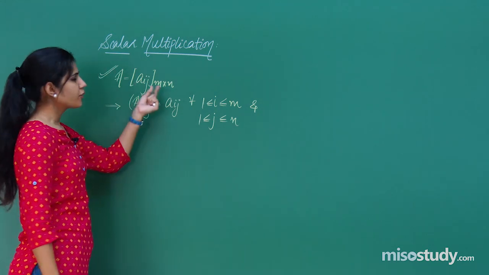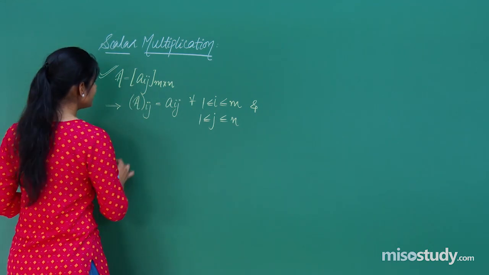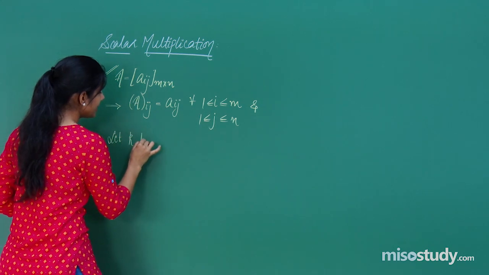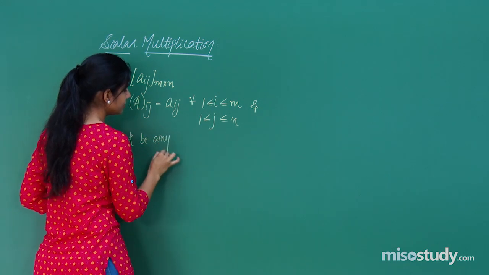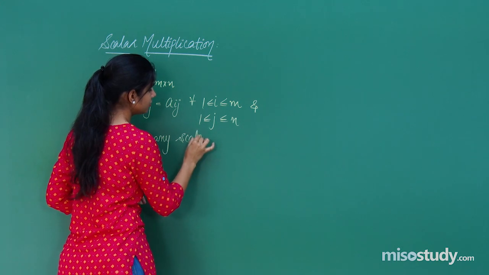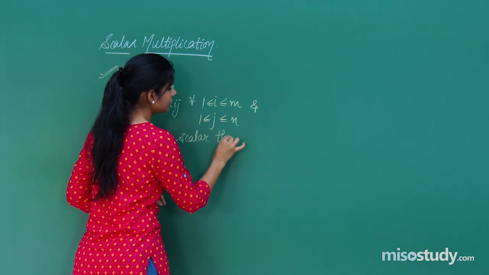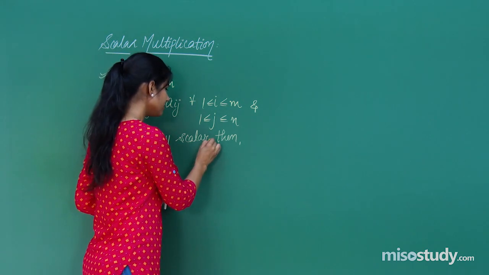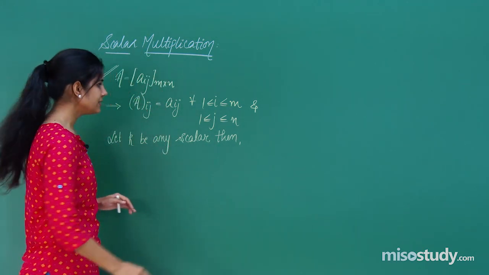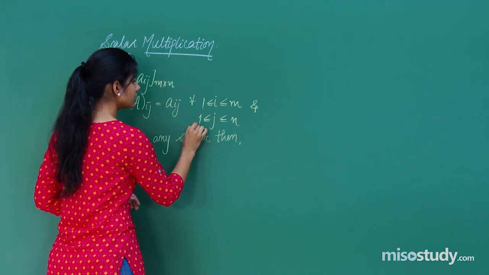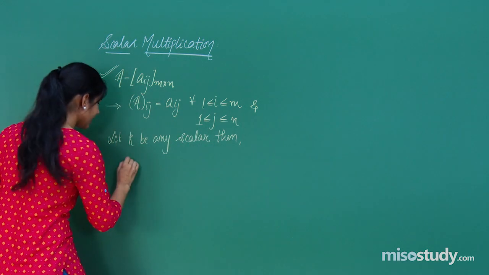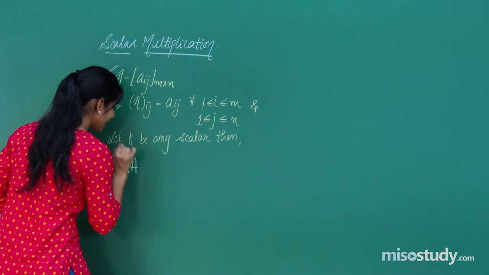So whatever m cross n order is, if you take a scalar k, let k be any scalar, then if you multiply this k with the matrix A, you get another matrix kA.